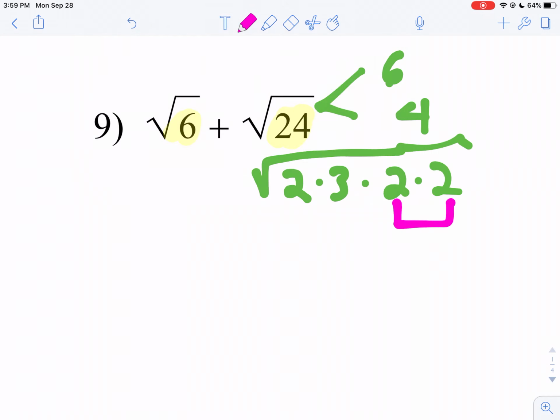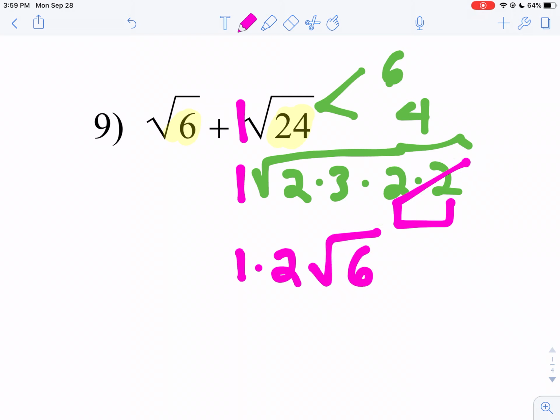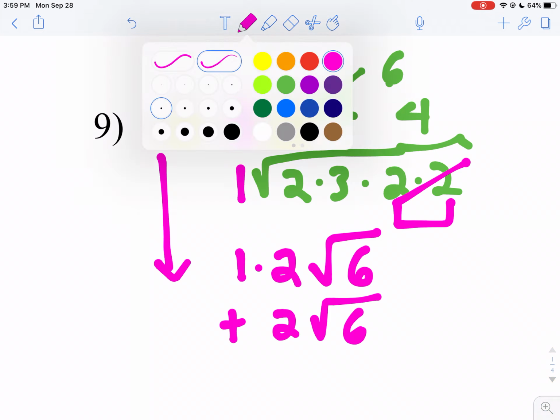So right now, this is a 1, so I have a 1 times 2. For that pair, it's gone, and now I have a 6. All right, so that's what it is, okay? So radical 24 all of a sudden transforms into 2 radical 6, and we still have that 1 radical 6.